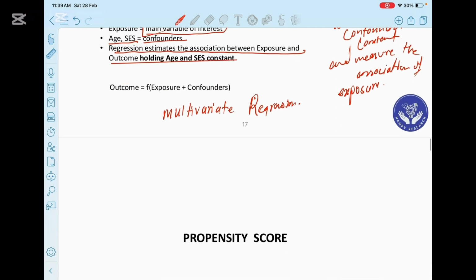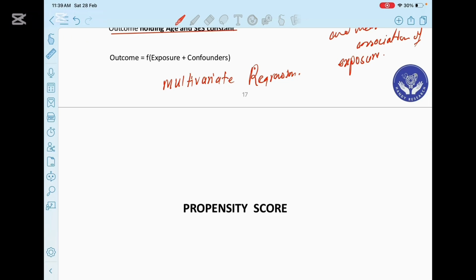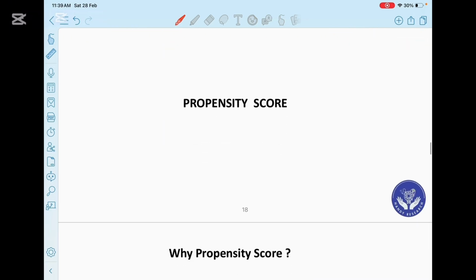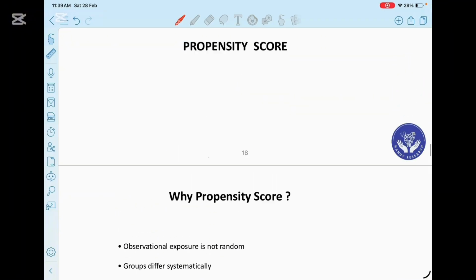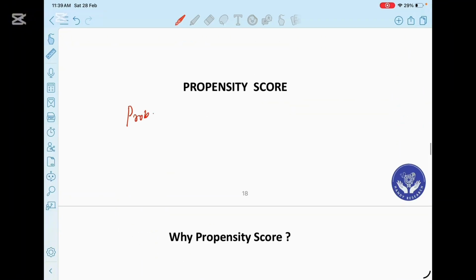So let's go through another method, that is the propensity score methods. So what is propensity score methods? It is the probability of receiving exposure given observed covariates.